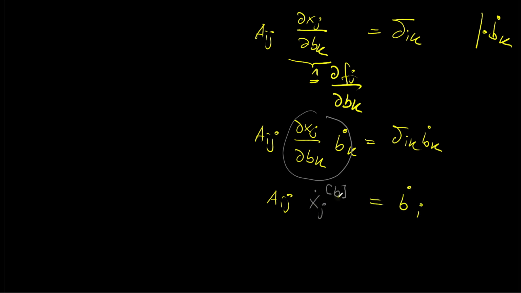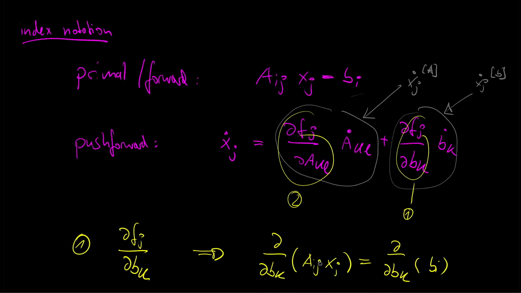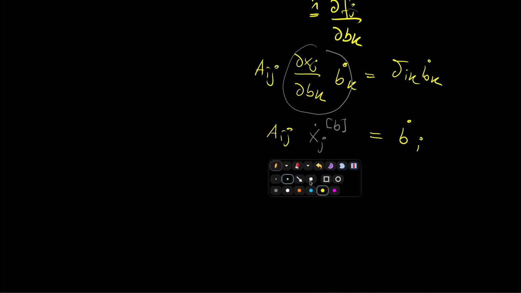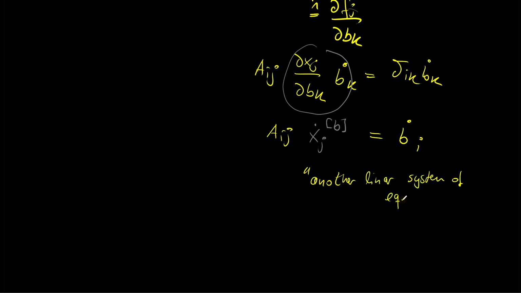And as such, we see that we will get the contribution from the b side as another solution to a linear system of equations, because we see this has the same format as our primal. So it's implicitly given. Let me just note that down. This is another linear system of equations. Don't worry, we will formalize that again later on and come back to this point.